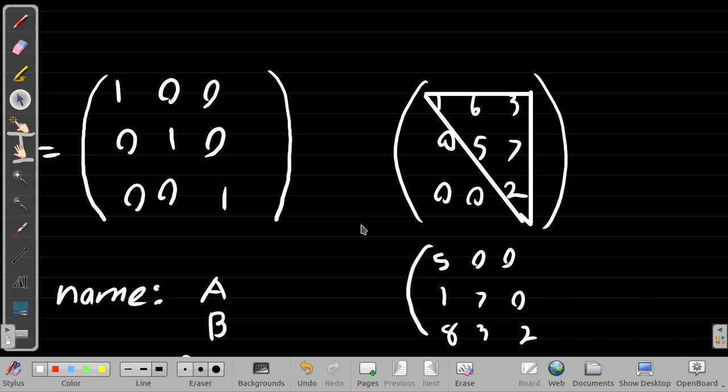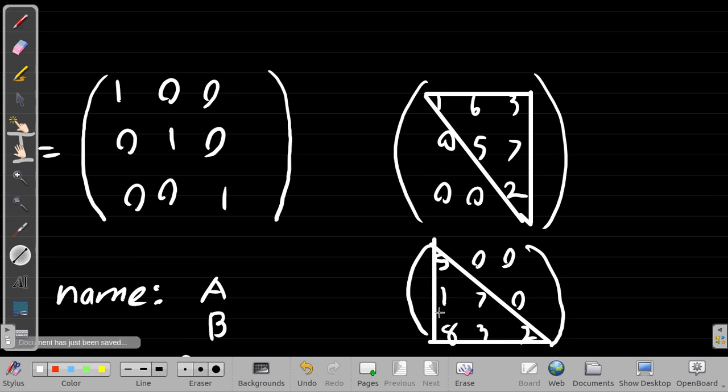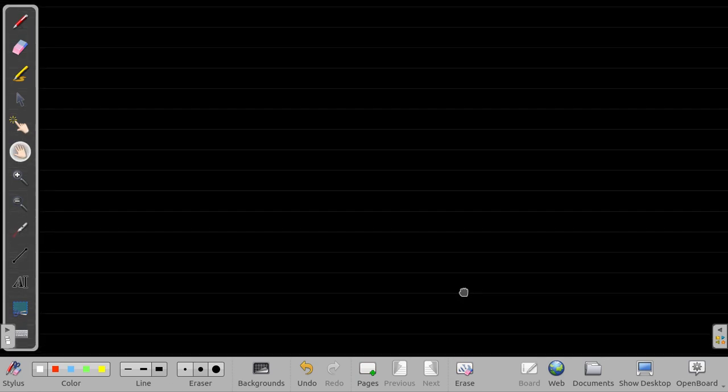Alright. And then in this case, you call this a lower triangular matrix. Lower triangular matrix. So, those are some things I want you to know about the different types of matrices. Alright?